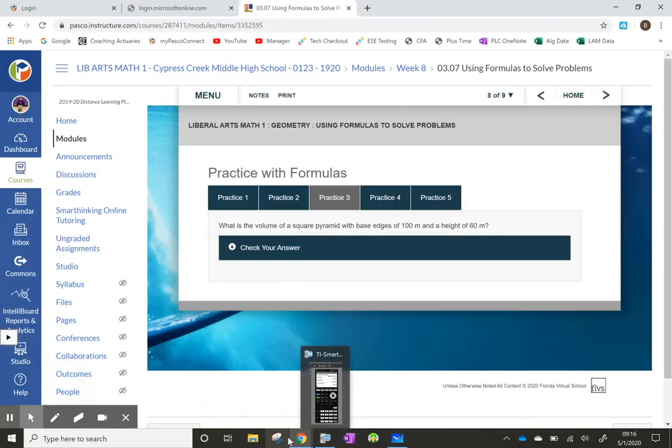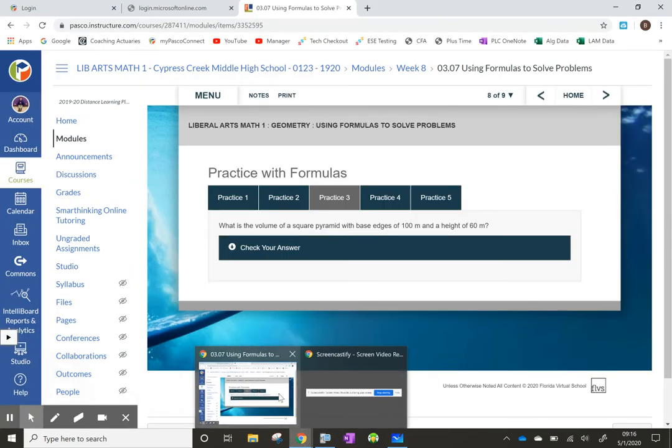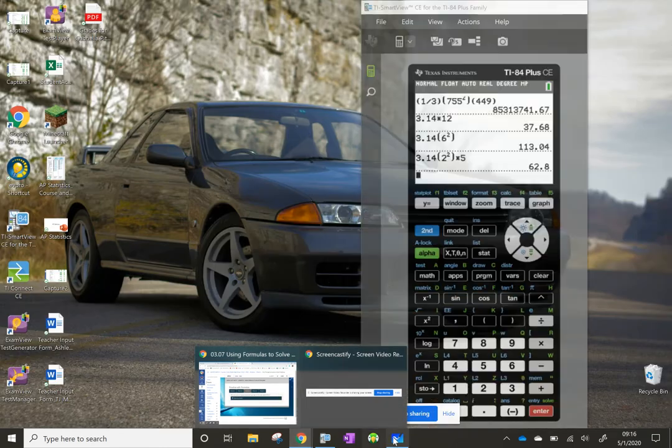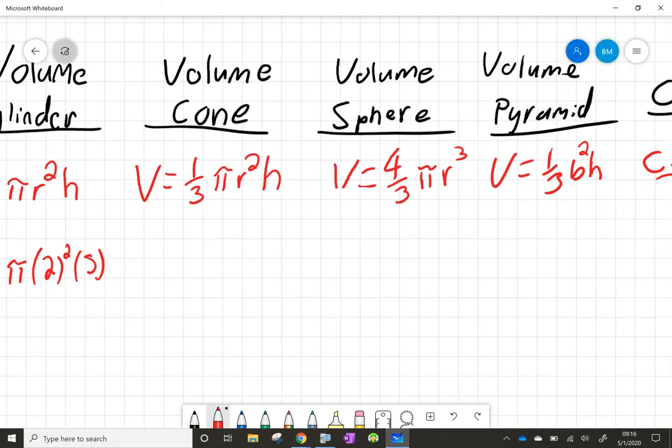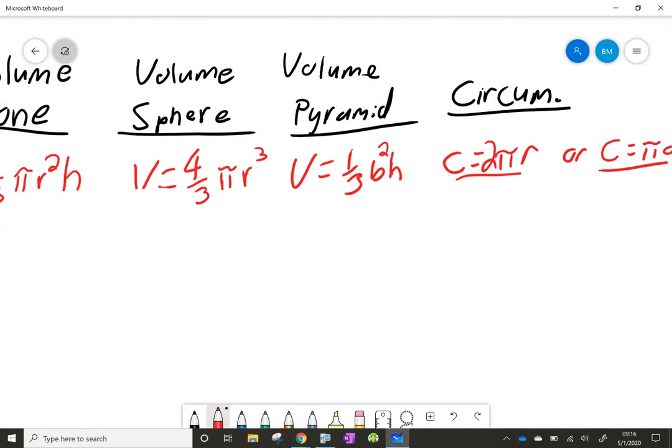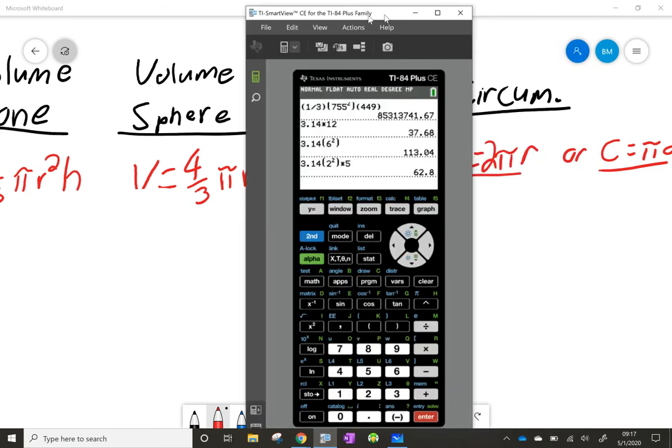So a square pyramid, edges of 100 and height of 60. All right, so our volume is going to be equal to 1/3. Edges is 100, so we're going to do 100 squared. And then the height, I've already forgotten, is 60. So again, there's a formula. We just have to type this into our calculator.